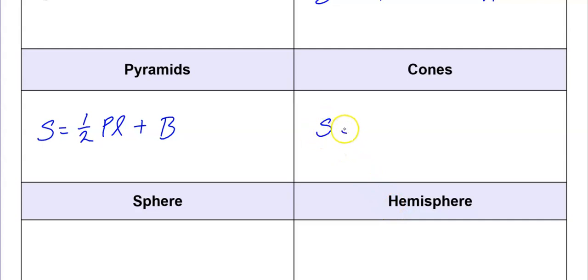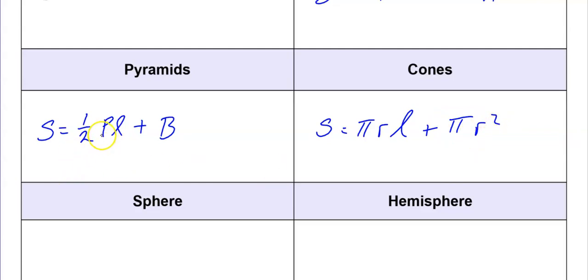My cone is going to be, I was going to say 1/2. It's going to be pi times radius times slant height plus pi r squared.